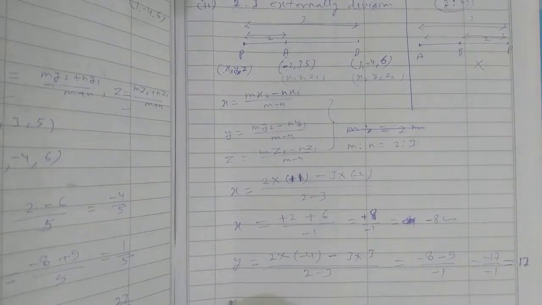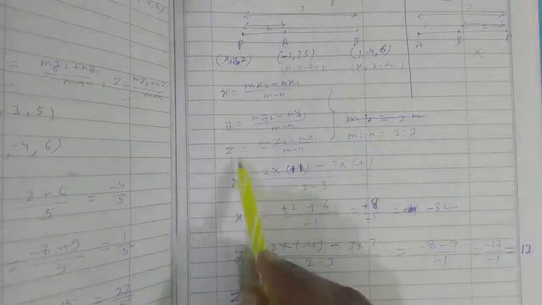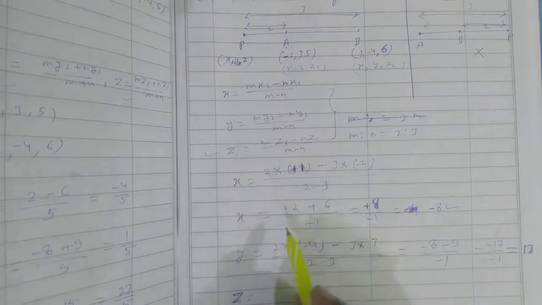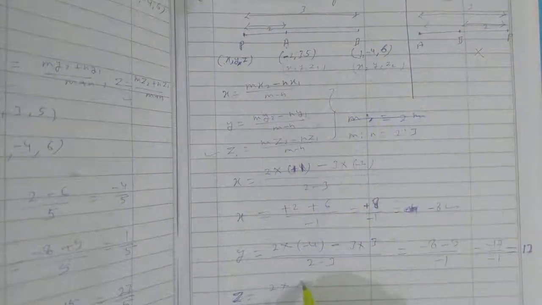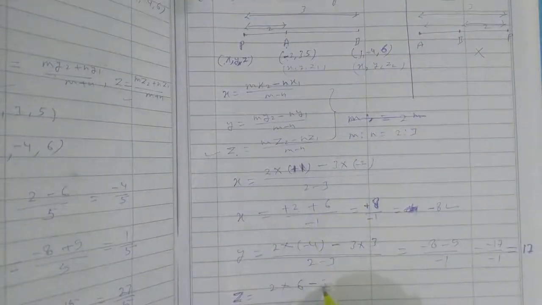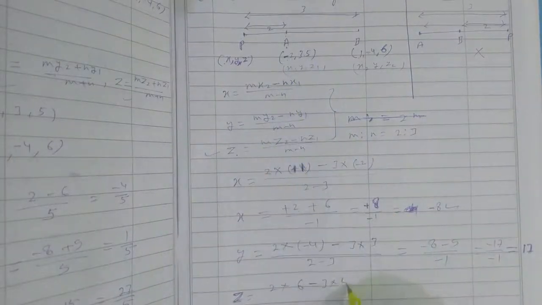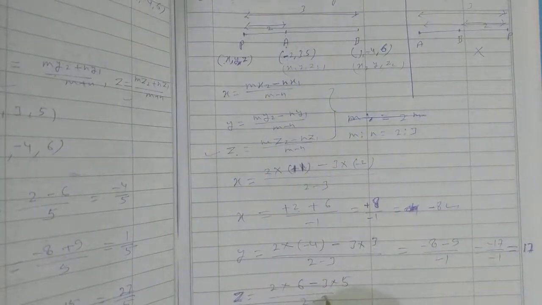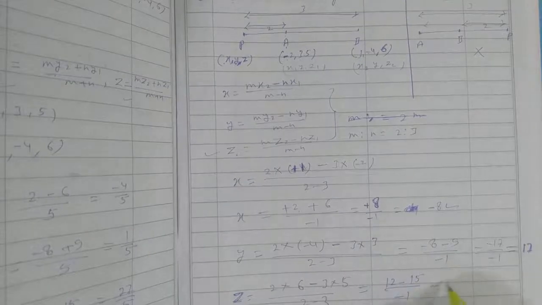Similarly here for z, what is the value of z here? According to this identity, m means 2 into z2, z2 means 6, minus sign, and 3 means n, and z1, the value of z1 is 5, upon 2 minus 3. So solve it: 6 2 is 12, 3 5 is 15, upon minus 1. The minus 3 upon minus 1, this is answer 3.